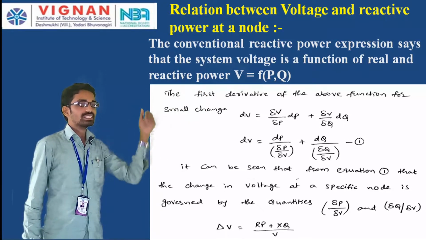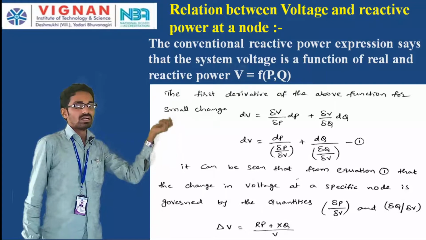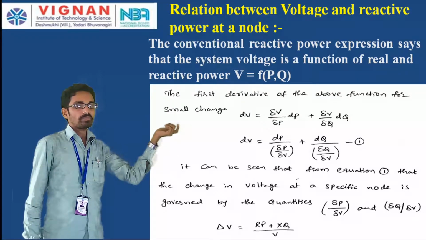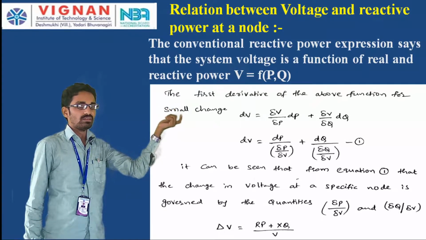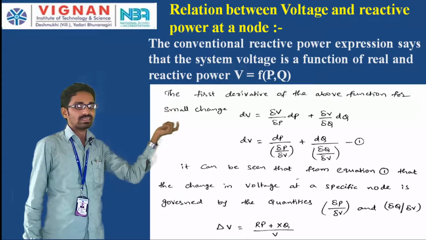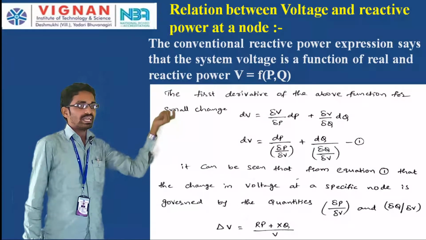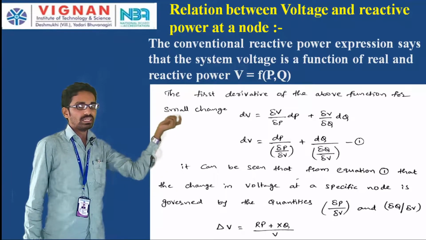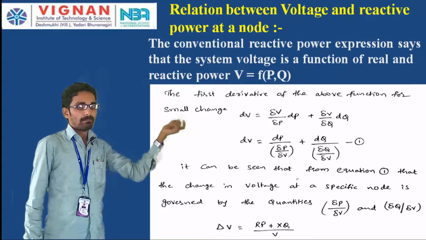If I consider the total derivative, or the first derivative, of the voltage function, dV is equal to del V by del P into dP plus del V by del Q into dQ.